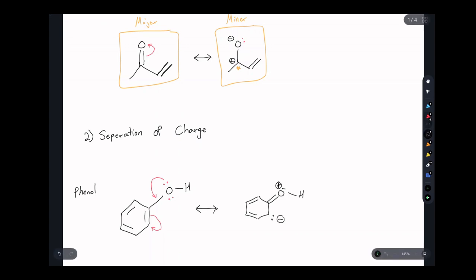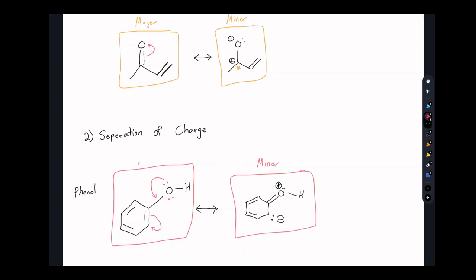However, one way that we can view this is that this molecule has taken a neutral molecule and broken it into a positive and a negative. Of course, this cancels out, but this makes this form the minor form, the less stable form, when compared to the major form. And so we could call that separation of charge. If there was another resonance form that broke the octet rule, that would be worse than this form.